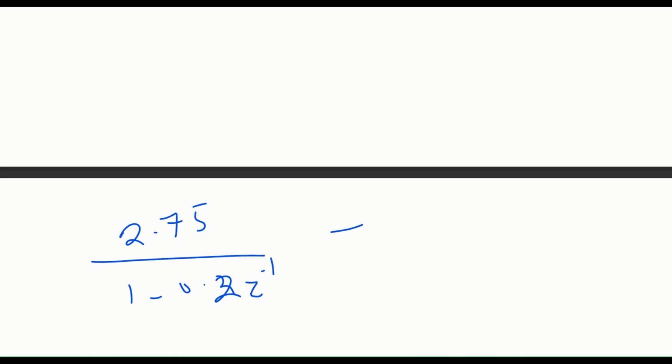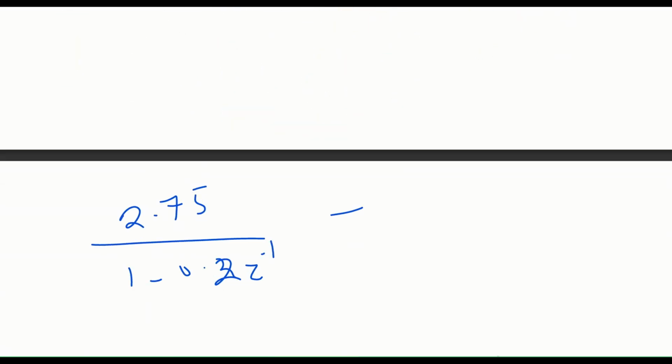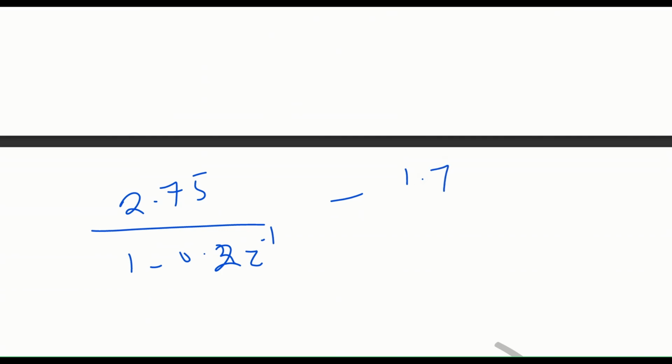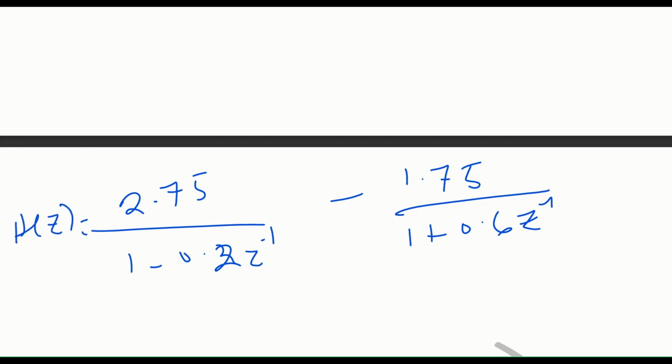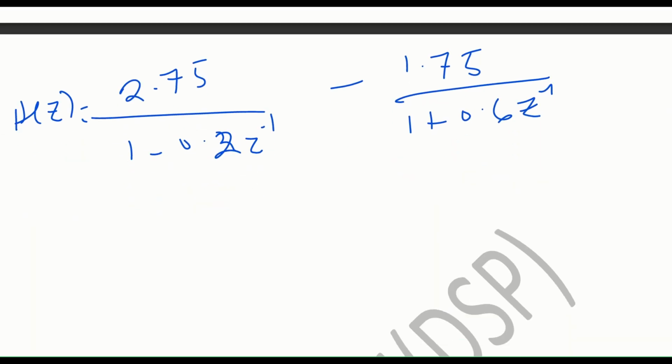And B was minus 1.75, over the original part, which was 1 plus 0.6z minus 1. Okay, so now this becomes our new H of z, which has been split in terms of partial fractions.